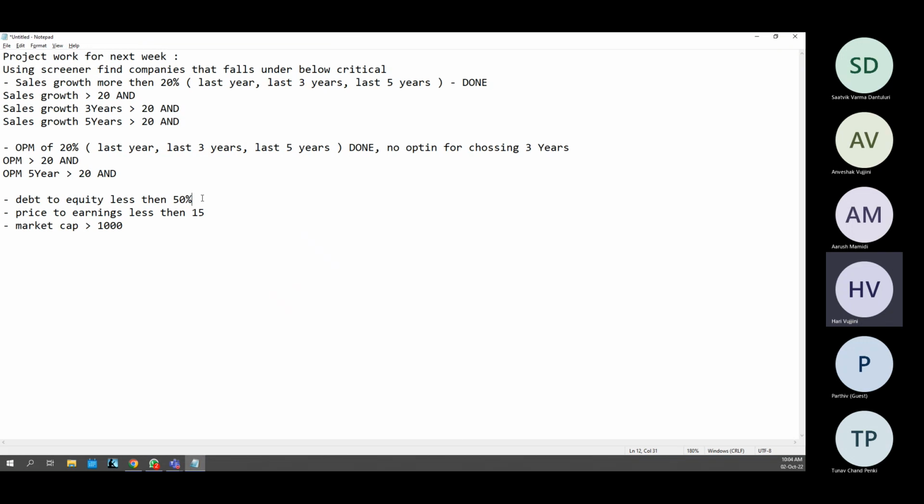Now debt to equity should be less than 50%. Again, we are looking for companies that have less debt. We don't want businesses that borrowed too much money, because then they get into trouble when interest rates go up or if the market dynamics change. So we don't want companies with more than 50%.